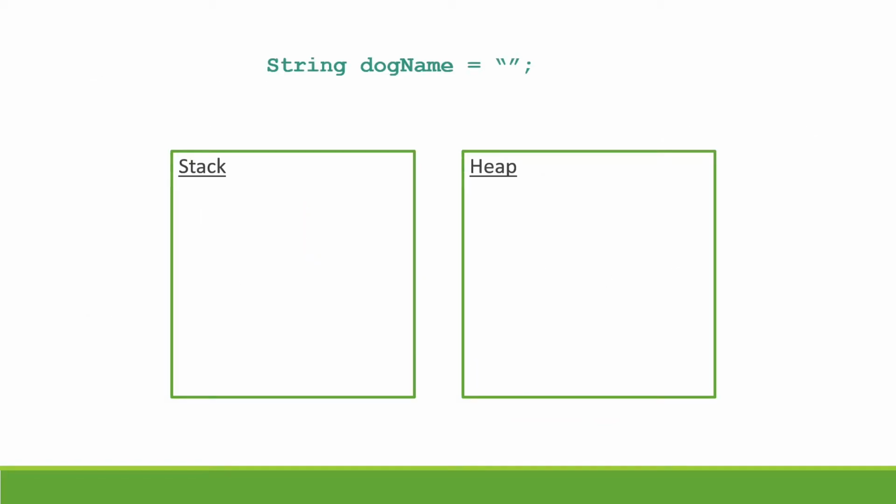Let's start with an empty string value. Now recall that there are two areas of memory being used when you work with objects and variables, the stack and the heap. Variables are in the stack and objects are in the heap. Here, when I create the string object and assign it an empty string, I still create a string variable in the stack.